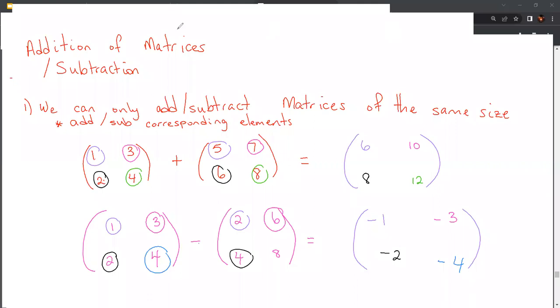All right, so our next step is multiplying by a scalar quantity. Now, this will be number 2.